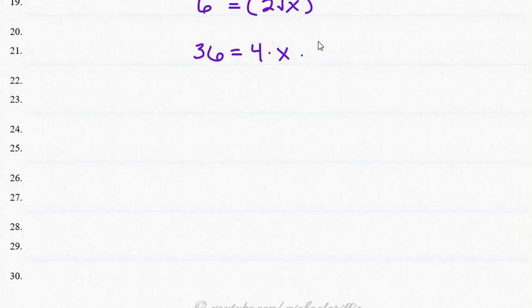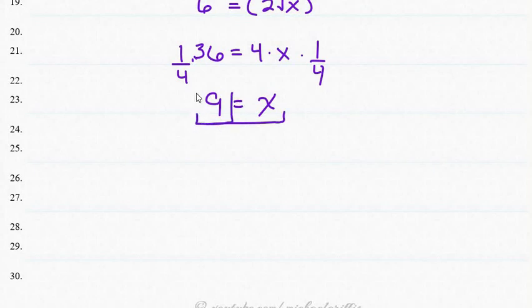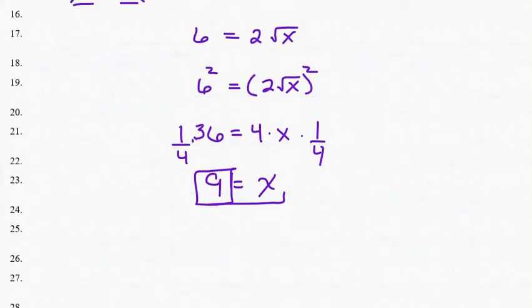Now we can multiply both sides by a 4th. A 4th of 36 is going to be 9. Of course, that's going to cause that to fall away. And I guess I should put a box around that. 9. 9's the solution? Huh.